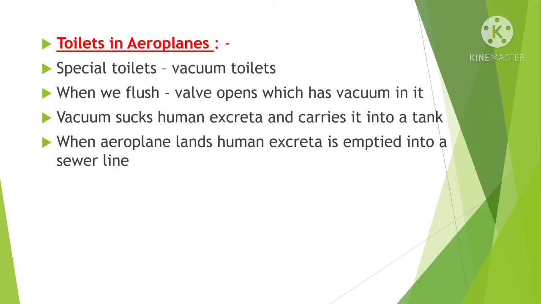That's why a noise is made, and it carries the human waste into a tank which is present in the aeroplane. Now when the aeroplane lands at an airport, the tank that contains the human waste is emptied into a sewer line that is present in the ground.